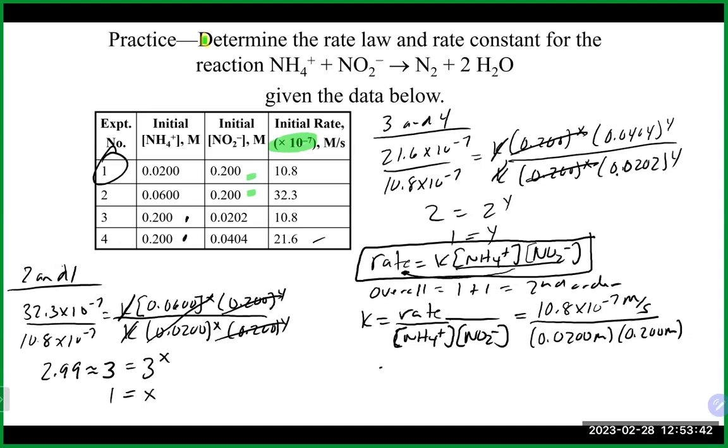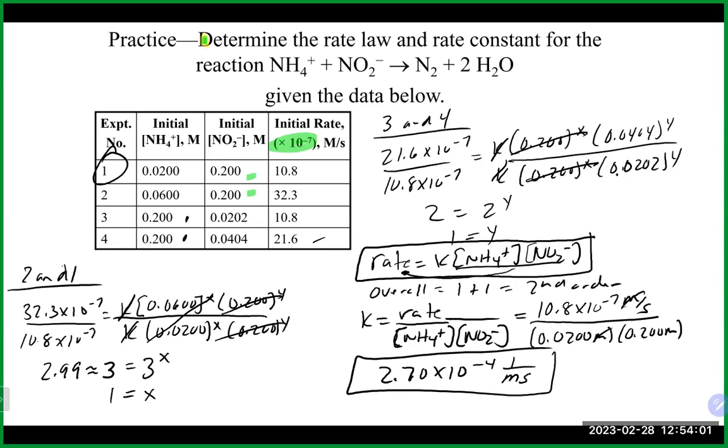That is going to give us 2.7 times 10 to the minus 4. Units here, molarity up on top, molarity on the bottom cancel, leaves us 1 over molar seconds, which is typically what we see for a second order equation.